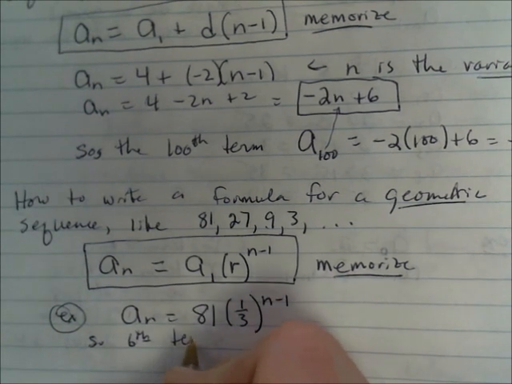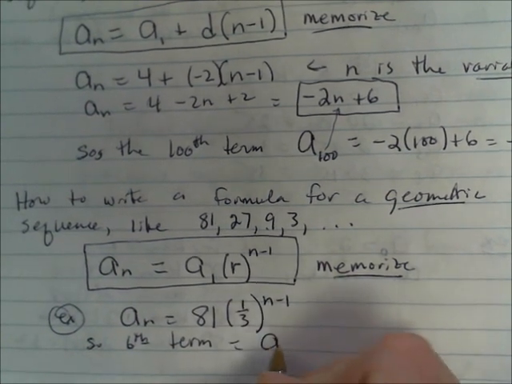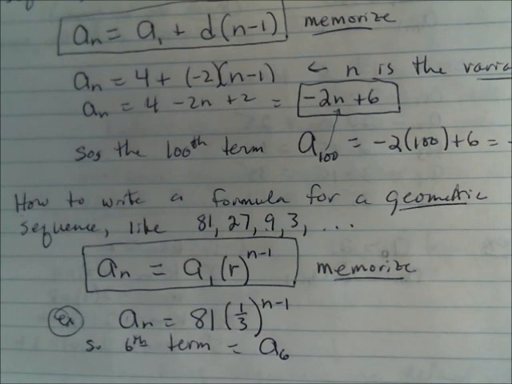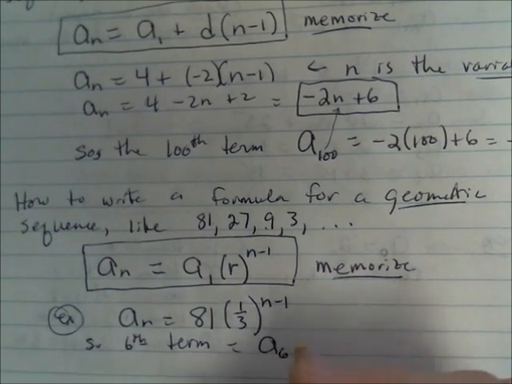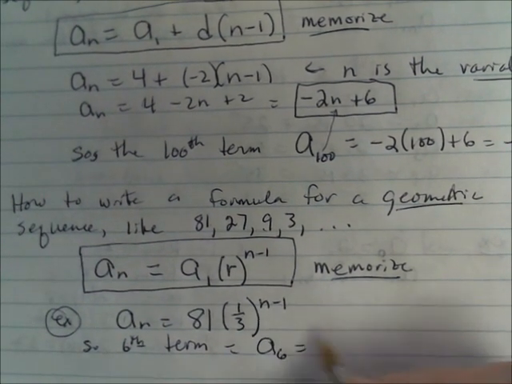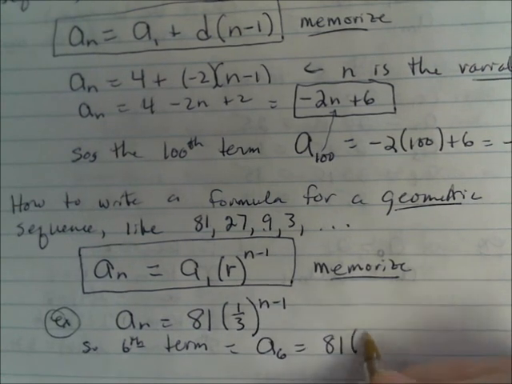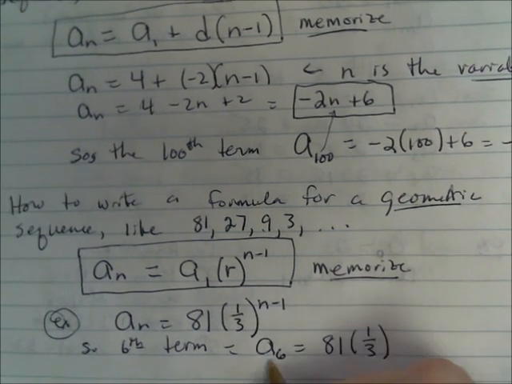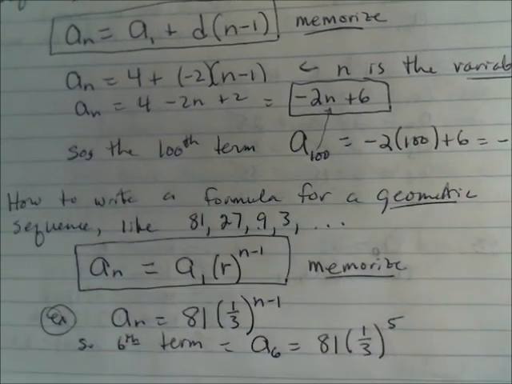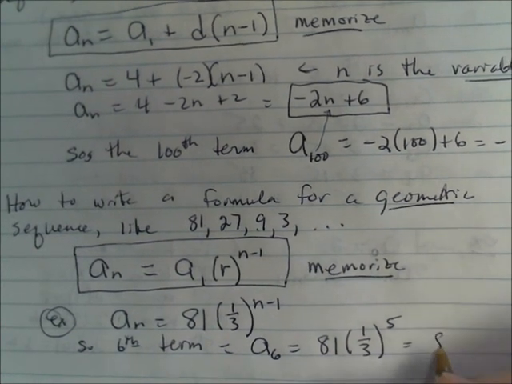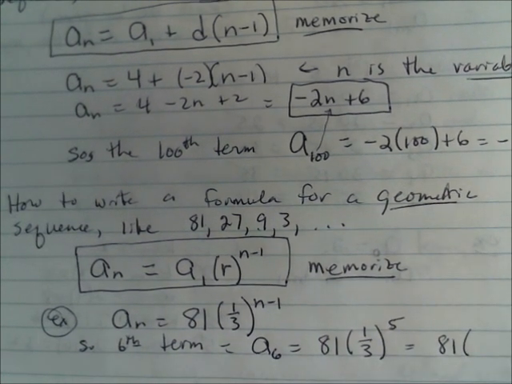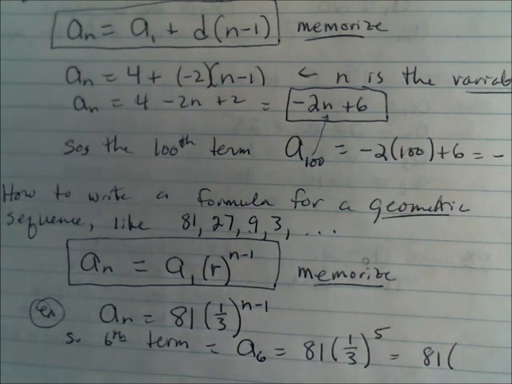So the 6th term is equal to a with the little subscript of 6, which is 81 times 1/3 to the 5th power, which is 81 times, what's 3 to the 5th? I don't know, I'll figure that out. Come on, turn on calculator. 243.